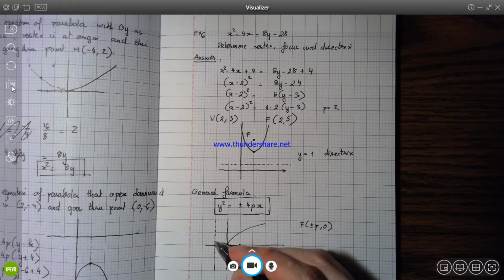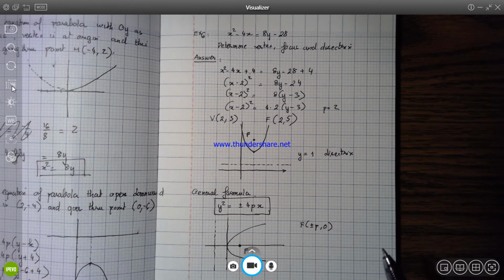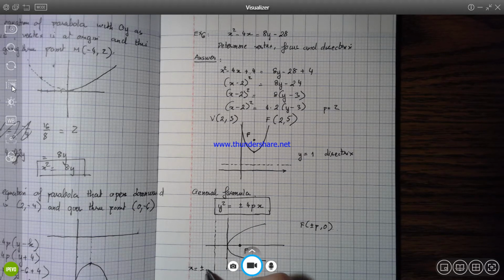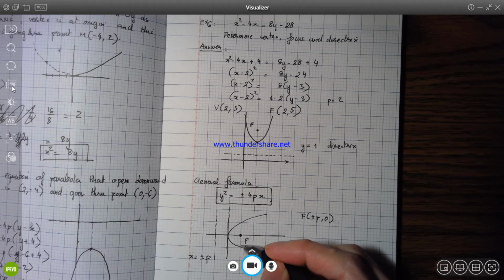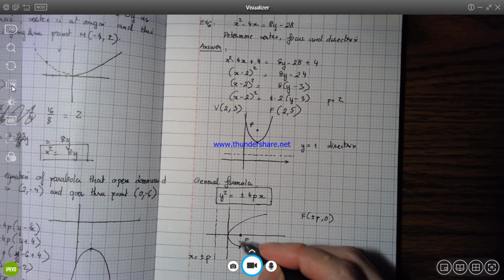So instead of writing y equals, this will be x equals. So x is equal to plus or minus p. That is the directrix. And of course we will have a latus rectum also, over here and over here.